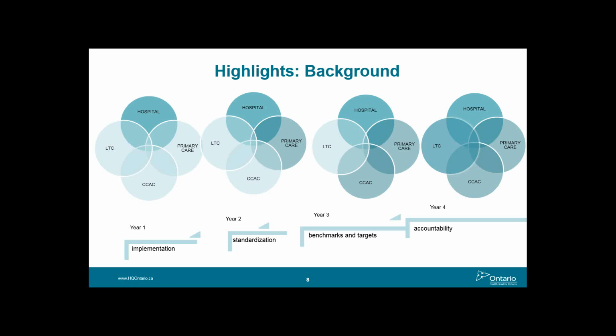And as we add new indicators, we may find that we will start with that implementation and follow all of the processes again through the standardization, understanding and developing benchmarks, and then you reach that point where you're comfortable with where you are, and within your organization you're accountable for the metrics that you achieve and the process of where you want to be going in the direction that you're headed. This is not talking about accountability as in pay for performance or anything like that. This is a totally different definition of accountability.